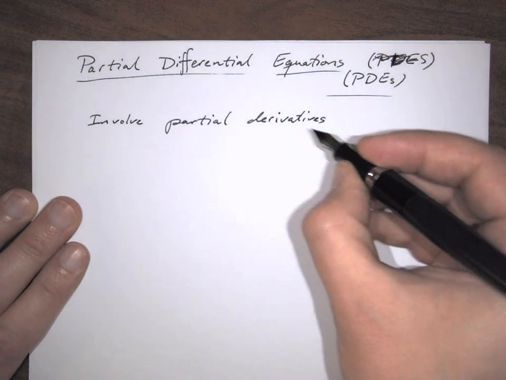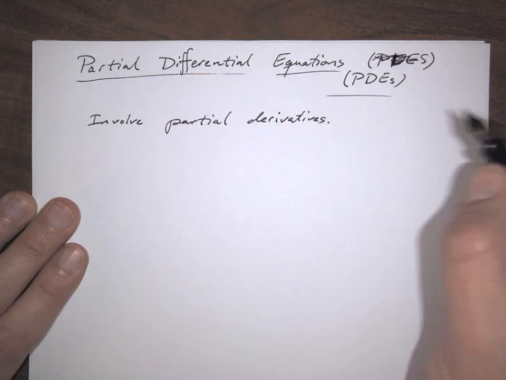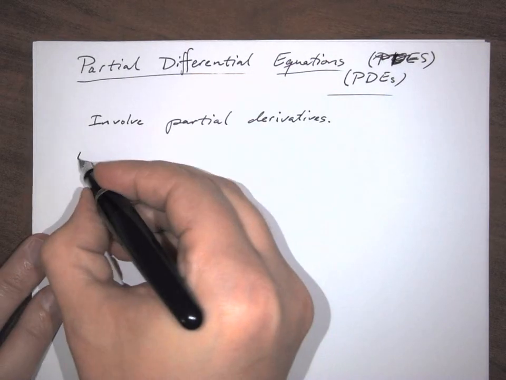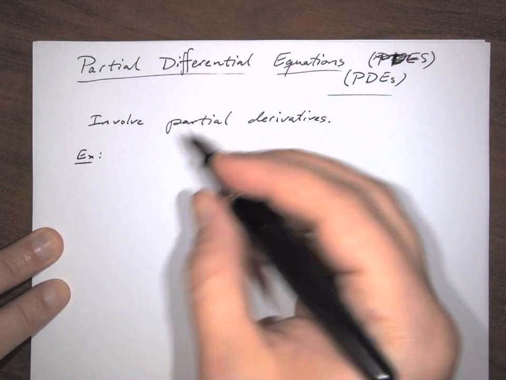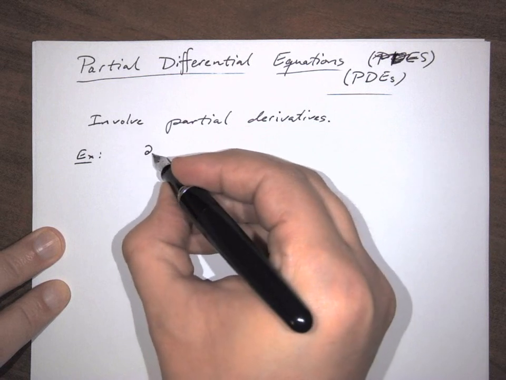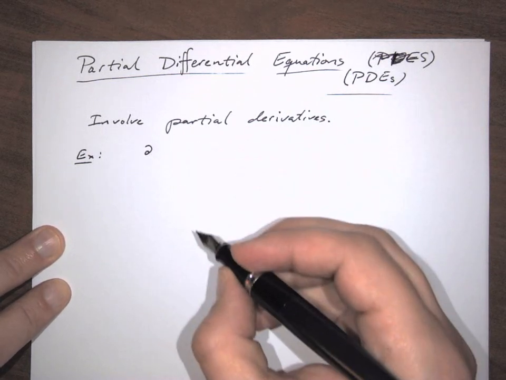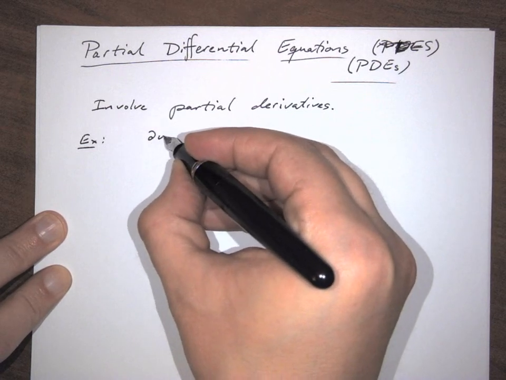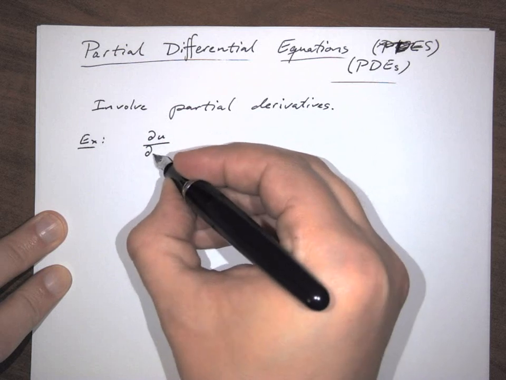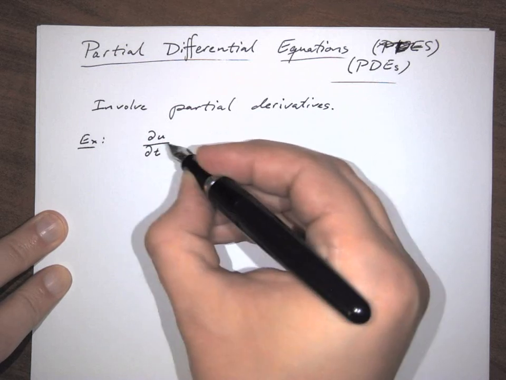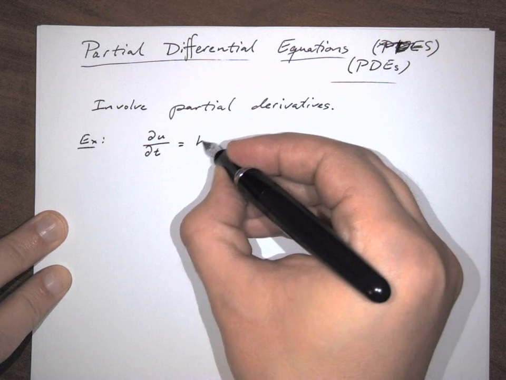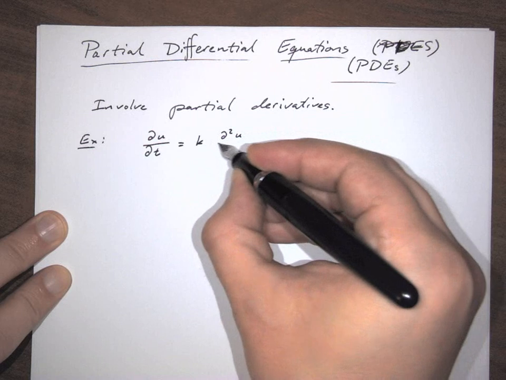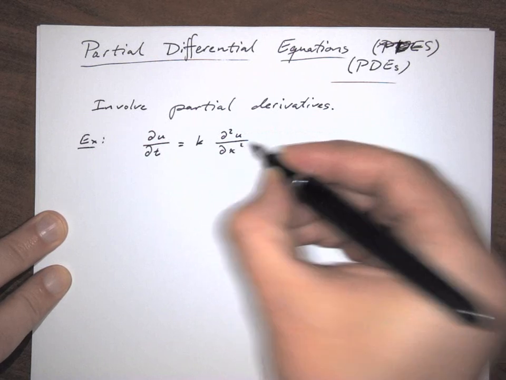Now, those of you who have been around the block a little bit, have taken, for example, Math 254 vector calculus, will have seen a little bit of this. An example of something that looks like this would be what's called the heat equation. And here, because we're talking about a partial derivative, we write the derivative not using a standard d, but instead the script delta. We could have the partial derivative of u with respect to t is equal to k times the second partial derivative of u with respect to x.